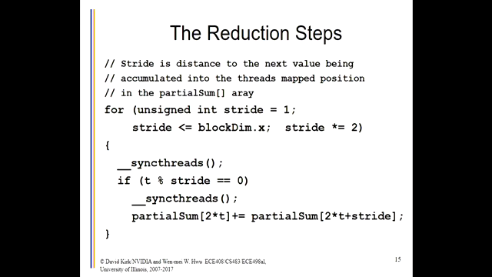On the other hand, let's say we put the syncthreads in the if statement here. Remember, this if statement is where all the threads are going to drop off. More and more of the threads are going to fail that test and not execute.